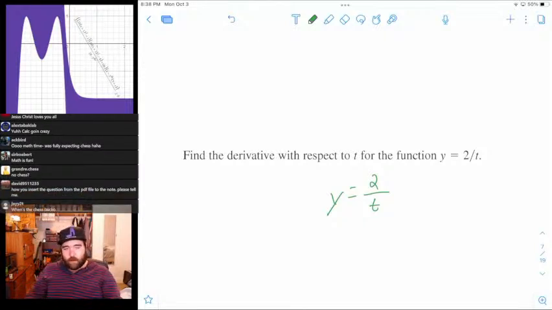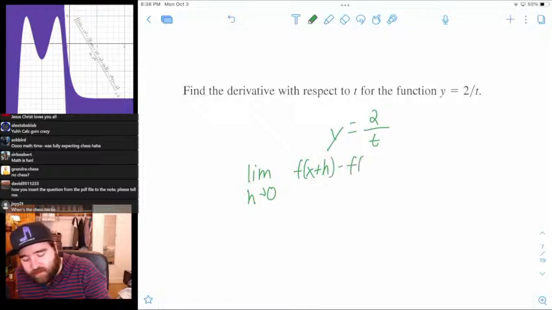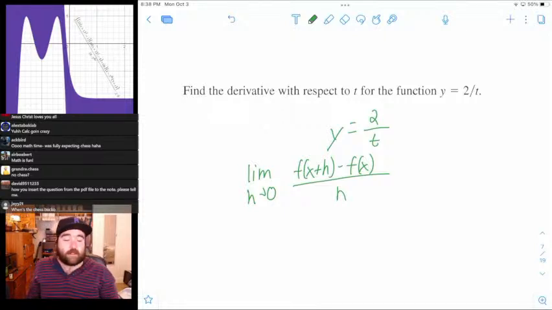And then, well, let's just do the same thing. So again, let's write it down. What is the formula for the derivative? The limit as h approaches 0 of f of x plus h minus f of x over h. And then we're just going to plug everything into that and then just do our best to not mess up the algebra.